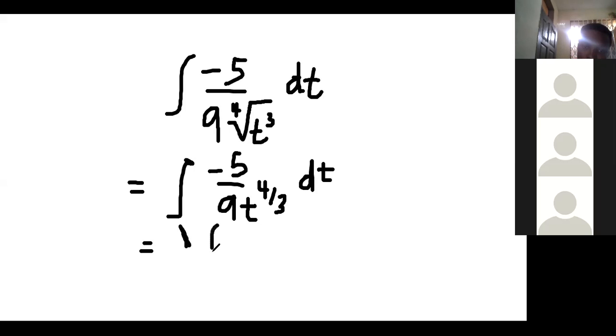We can bring negative 5 over 9 out. So negative 5 all over 9, and that will leave us 1 all over t raised to the power 4 over 3.